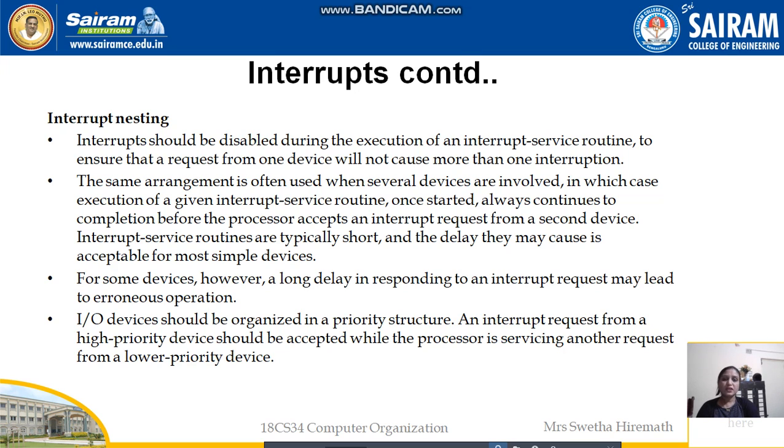Then once the service is provided by the processor, the interrupt request line should be disabled so that it will not cause more than one interruption for the same device. To avoid that, we have to disable the interrupt request line.